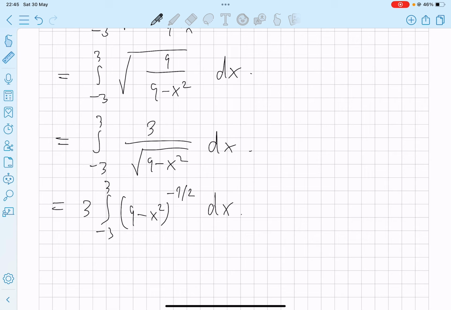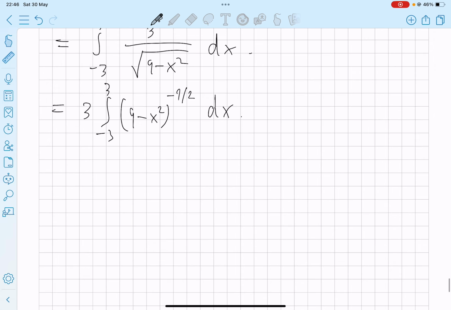And from here, you have to remember one of the derivative formulas for the inverse trigonometric functions. So this is equal to 3 times the inverse sine of x over 3, and the definite integral is evaluated from negative 3 to 3.